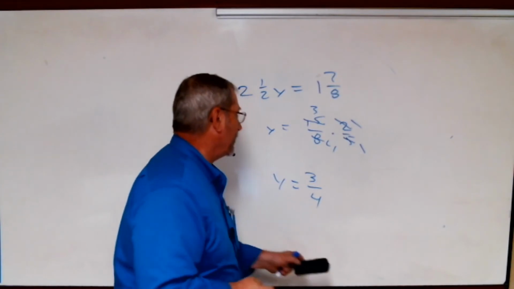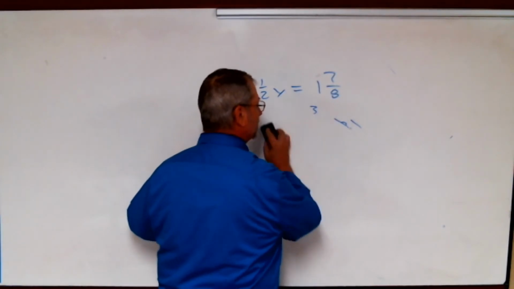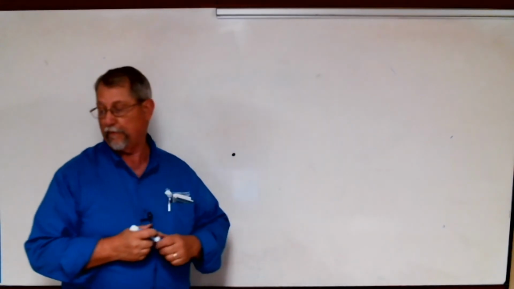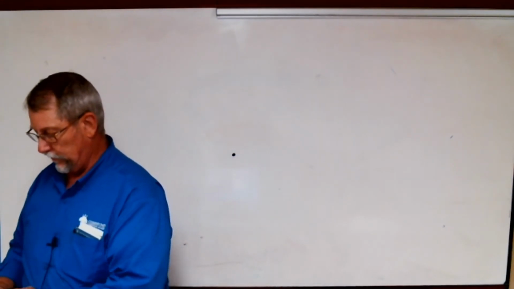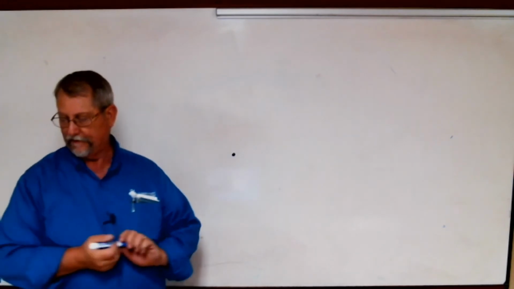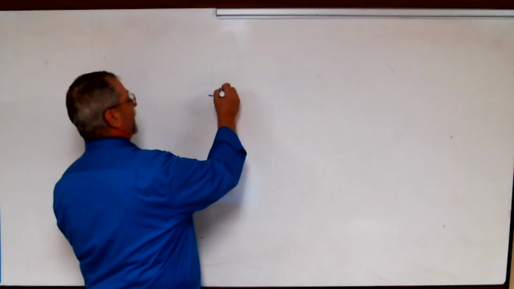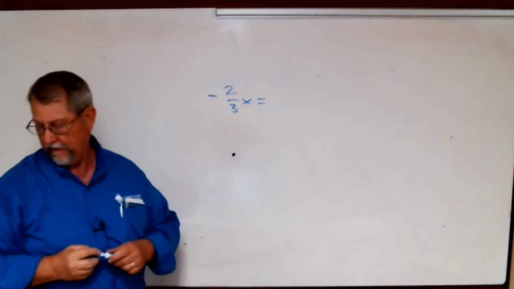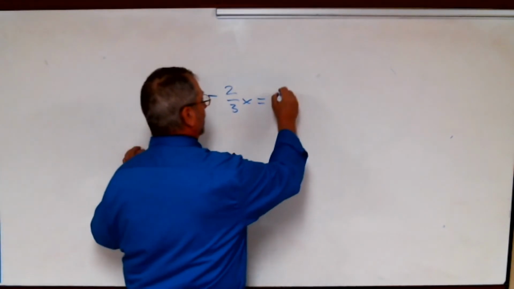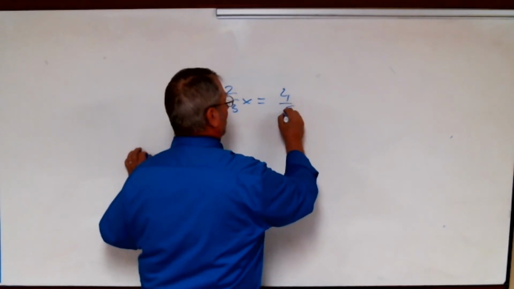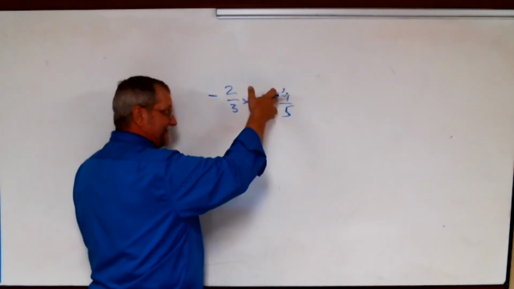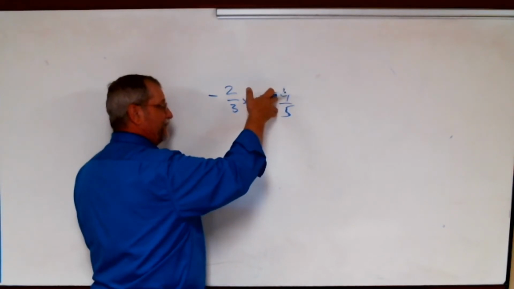Now, the other thing we have that you cannot allow to bother you, because you know the process, and you're so smart and wonderful and brave, and except for a couple of you, good looking, is negative coefficients. Negative 2/3 x equals some other number over here, 4 over 5. And again, you're not going to ever do anything with this. This does not get inverted.